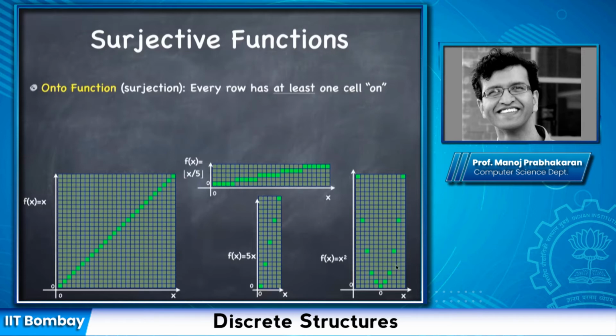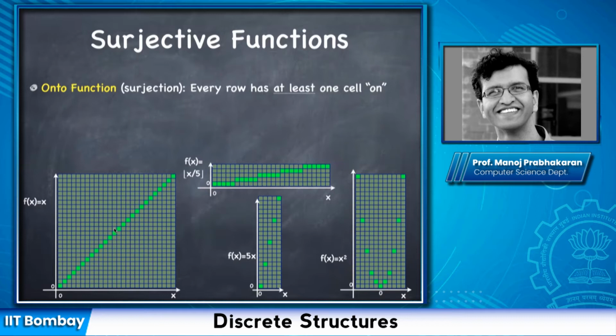Even though you might be defining this function for all the integers and then showing only a part of the whole domain, you can see that there is nothing that's going to be switched on in some rows here. Similarly, for f(x) equal to x squared, there are several numbers which are not perfect squares. And here there are several numbers which are not multiples of 5. So these two are not onto functions, whereas these two examples are onto functions.